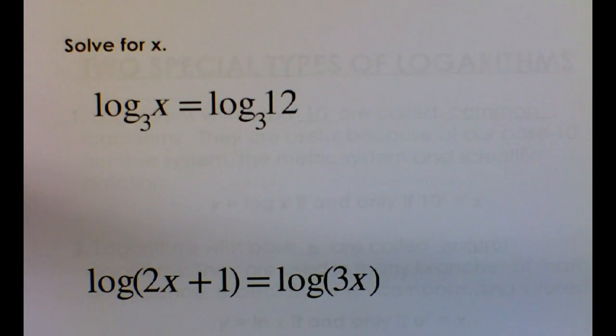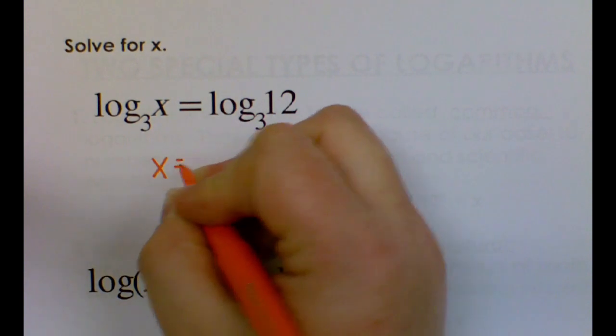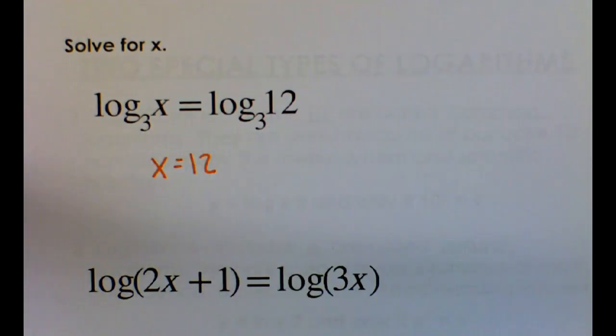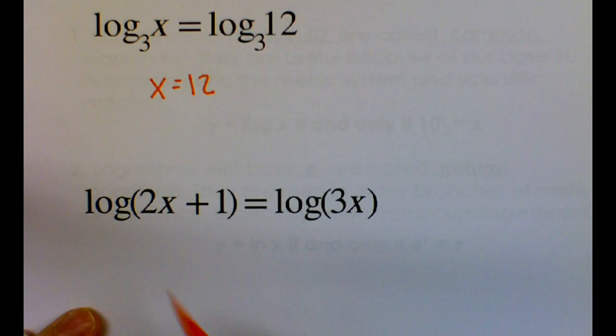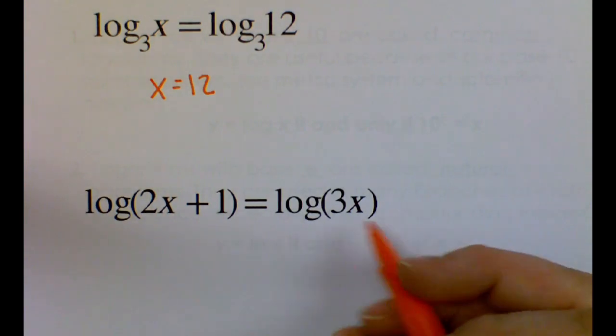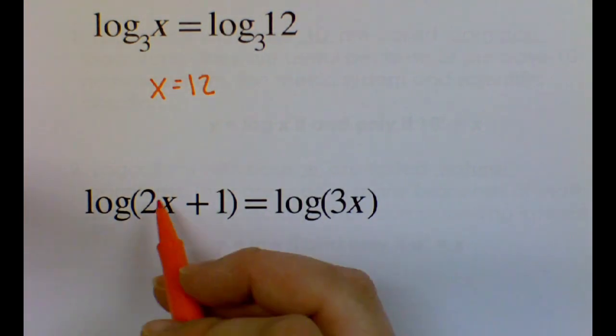All right, now we're going to do a little solving, because this works the exact same way. The log base 3 of x is log base 3 of 12. Well, the only way that can work is if x is 12. Done. Log of 2x plus 1 equals log of 3x. We'll talk about what that means in a second.